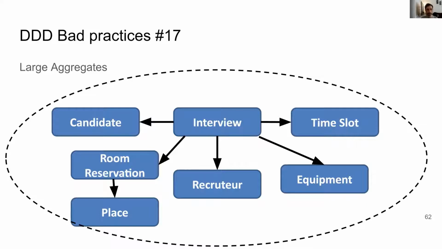And now you can see that your aggregate is growing and growing, and that's what we call a large aggregate. The idea is to not let the aggregate grow, but to separate these parts and keep the aggregate small.